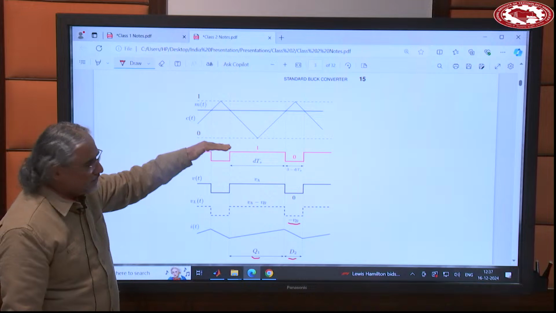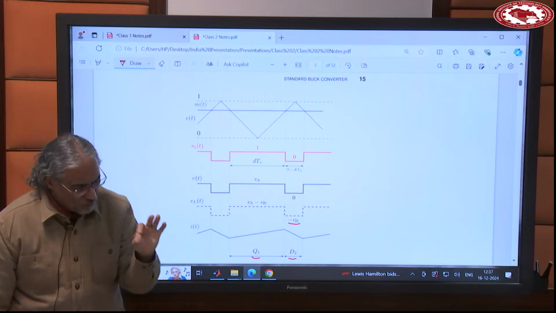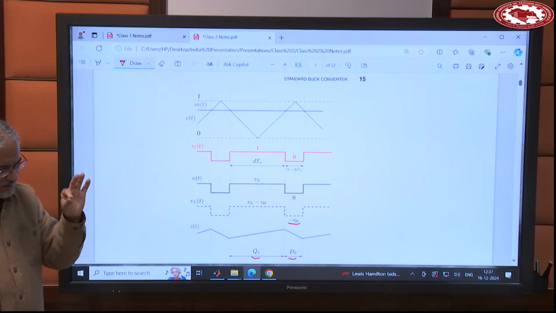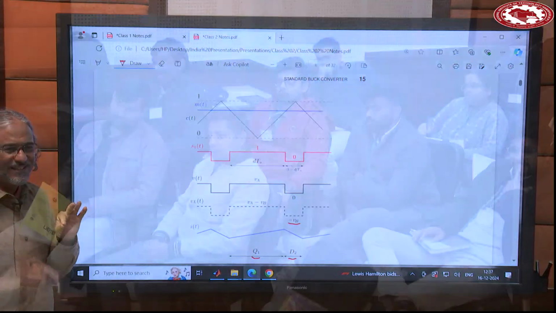If you decrease m, you decrease the current. So you see this is a very fine control point, m of t, that by increasing it, you can increase the current. By decreasing it, you can decrease the current. That's basically the beautiful thing about PWM, that we like it and we use it. Okay.